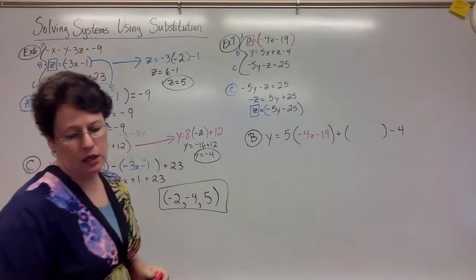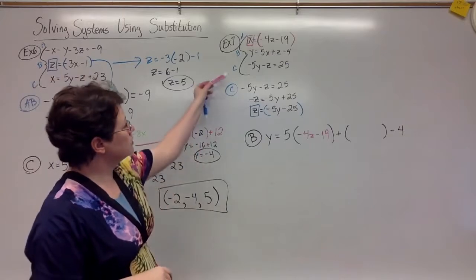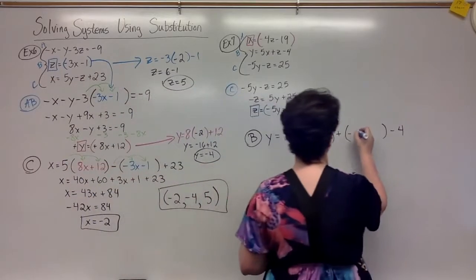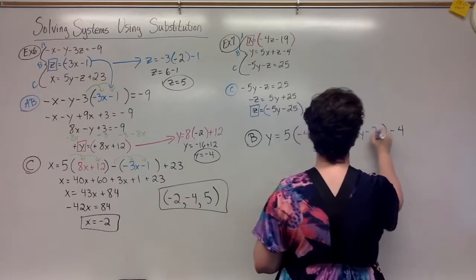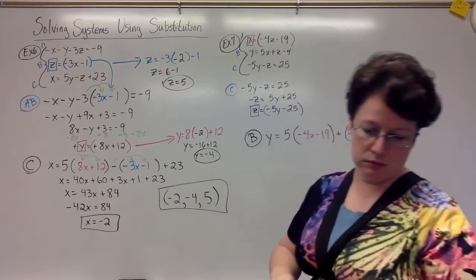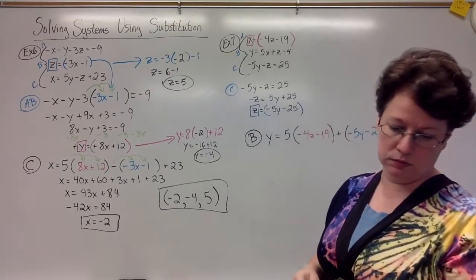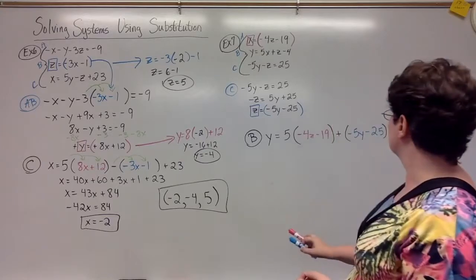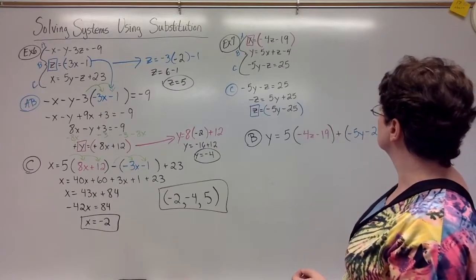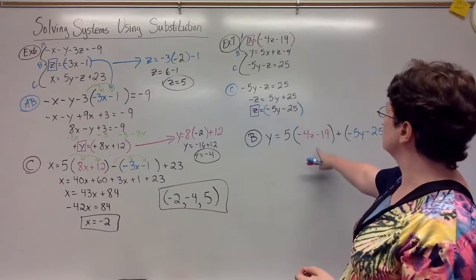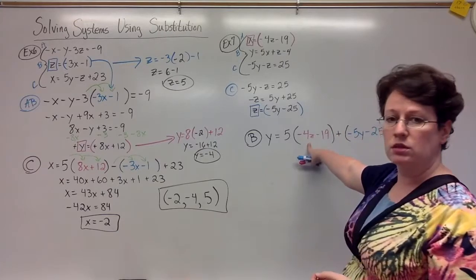What are we going to plug in for z? For z, minus 5y minus 25. All right? So now look, I still end up with a z in here instead of a y.